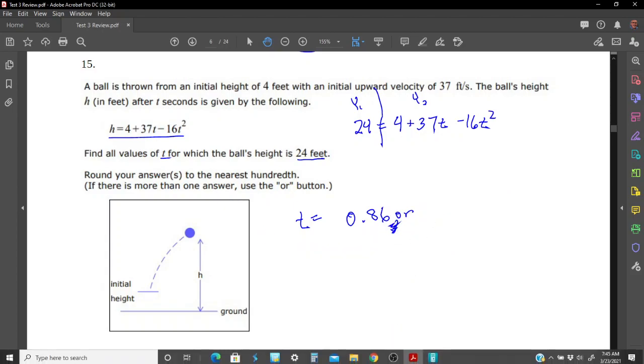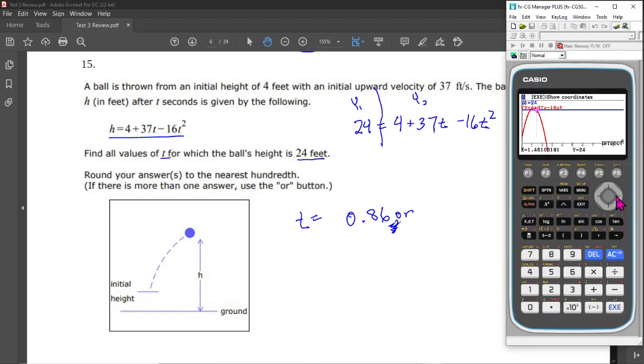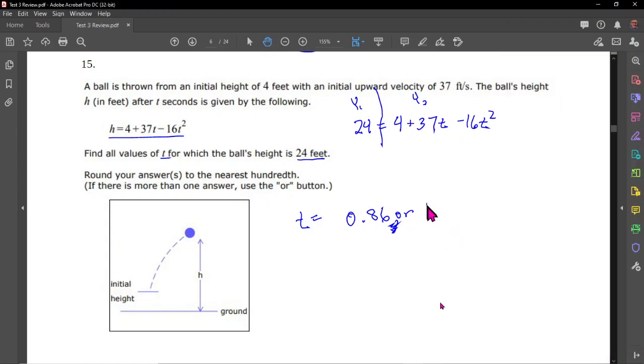So it's there, or arrow over, and it finds the other one, 1.45. And again, these are seconds, right? It doesn't ask for units. If it did, though, these are seconds after t seconds. Okay, so one of those two does it.